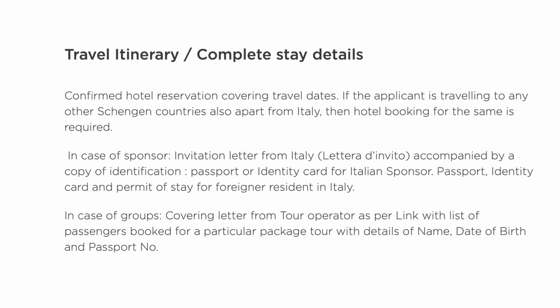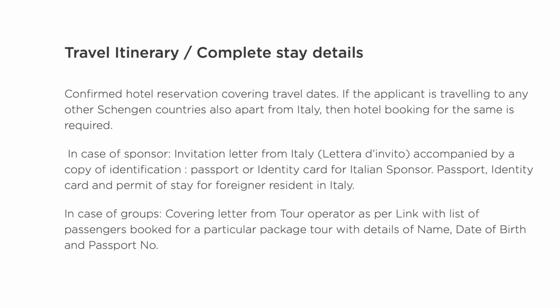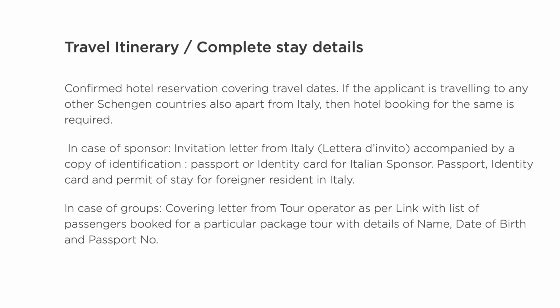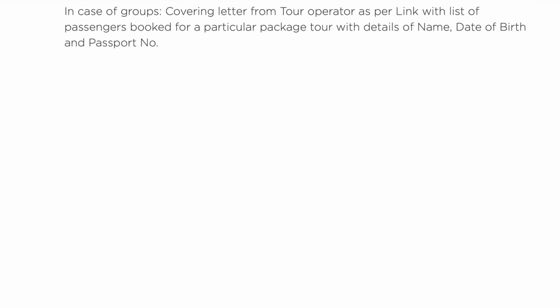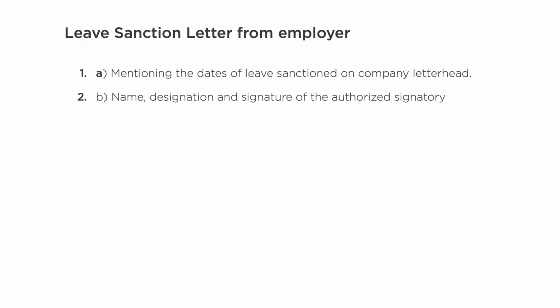Basically, it has the tour package details like name, date of birth and passport number, etc. Let's say if you're working, then you need a leave sanction letter from your employer. Just mention the dates of leave sanction on company letterhead and your name, designation, things like that.